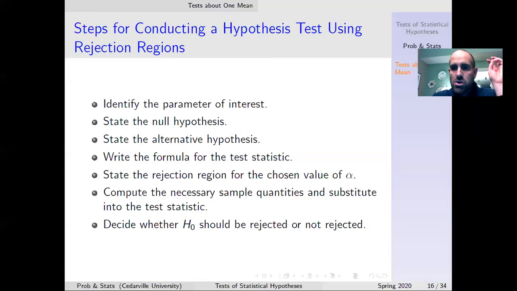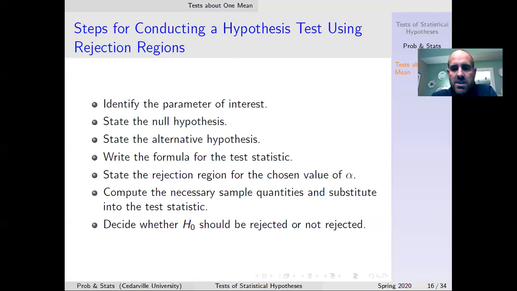But in the case where you don't know, either you don't have a big enough sample size or you don't know that the underlying distribution is normal, you're going to have to resort to using the t-distribution, just like we did in the confidence interval case. And that ought to tip you off to the fact that we really are just doing confidence interval analysis here. We're just seeing it in a different context.